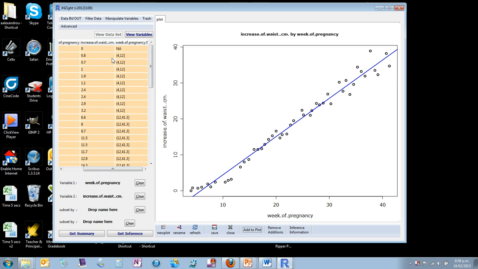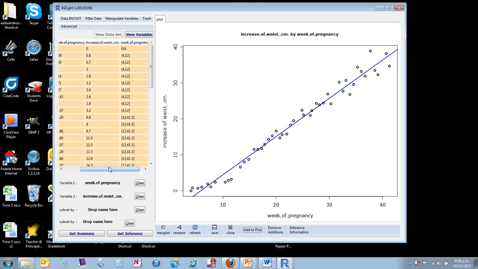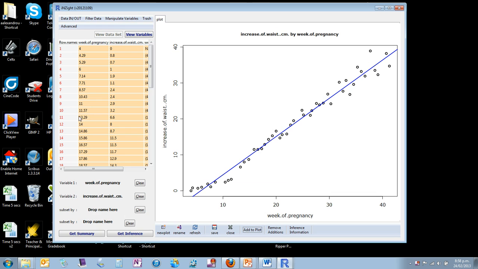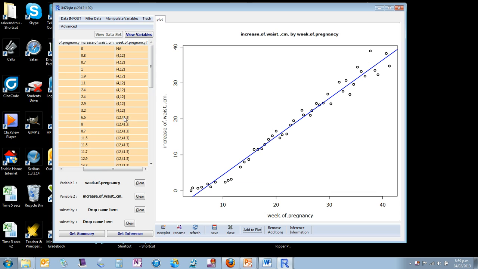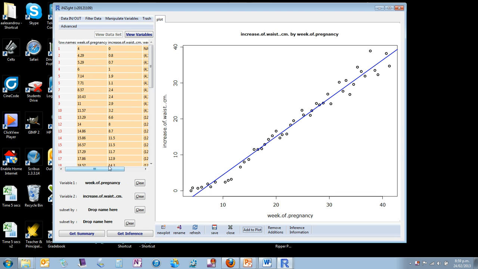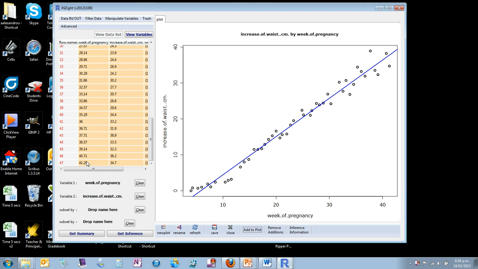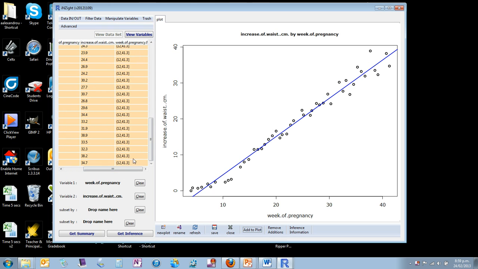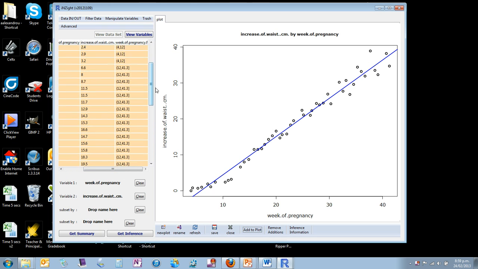And there it is. So we've got between 4 and 12, and greater than 12, which is this point here, 13.29, we have the 12 to 41.3 week data. And there's our 41.29 week.